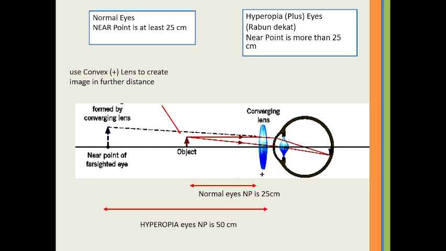That's good. But if you have to put the book at, for example, 40 centimeters to make it clear, then you have plus eyes. So if a person can read the book clearly without eyeglasses at 25 centimeters, that person is considered to have normal eyes. He doesn't need eyeglasses yet. So the near point for normal eyes is 25 centimeters.